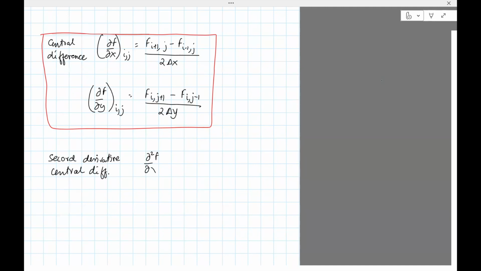d squared f/dx squared at i, j would be F of i plus 1, j minus 2 F i, j plus F of i minus 1, j divided by delta x squared.